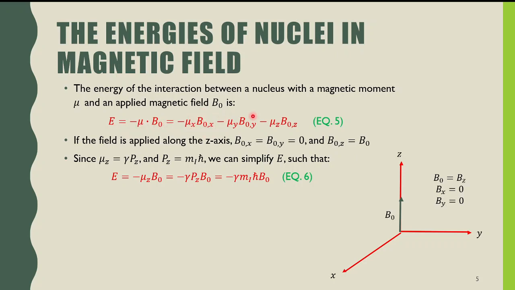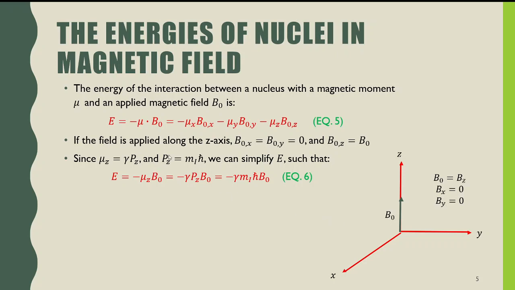And of course, you have this Cartesian axis with the different directions, but because we are only focused on the z direction, the values will only pertain to the one in the z direction.